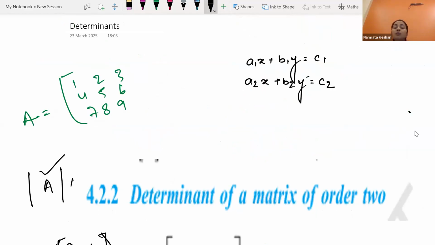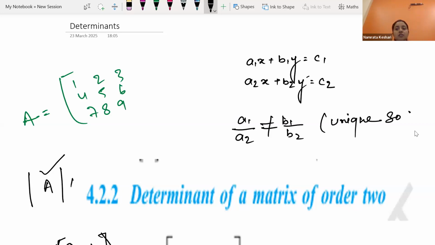Then there will be one and only one solution when a1 by a2 is not equal to b1 by b2. Do you know that? Yeah, I know. Okay, you have learned. So it will give you a unique solution. That is the case of getting one and only one solution when a1 by a2 is not equal to b1 by b2.